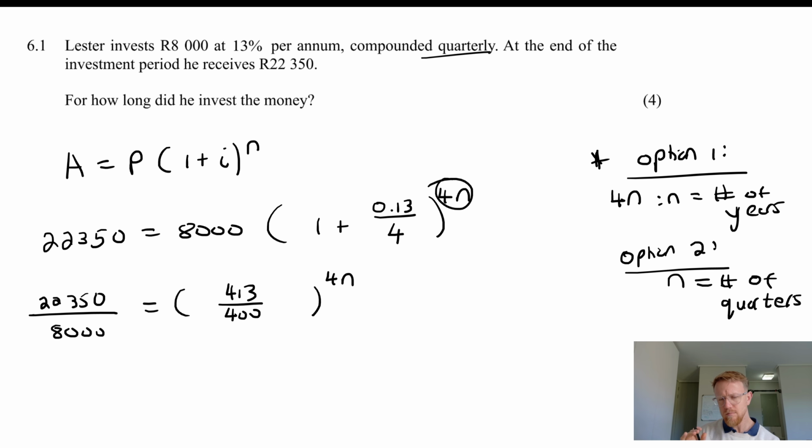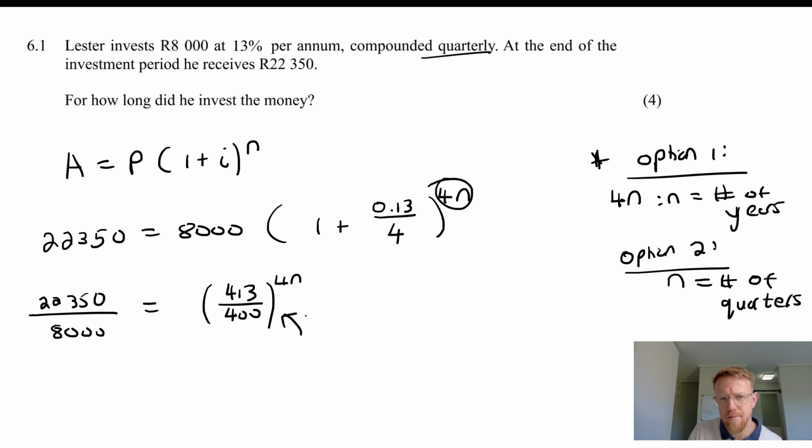Now, what I've been telling learners is that when you go from an exponential to a log, or from a log to an exponential, there's a simple little trick that we can remember. This 413 over 400, we call that the base of this part of here, because it's underneath the exponent.